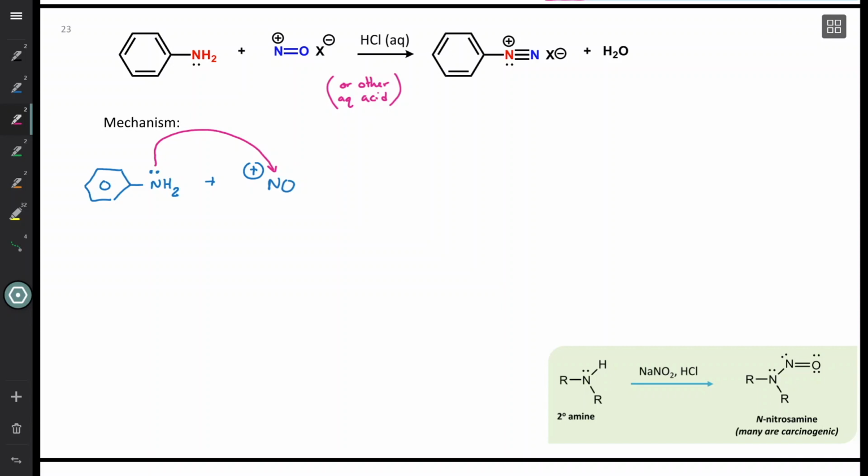It's the nitrogen, this one, that is electron poor, right? So this right here is my nucleophilic nitrogen. So one nitrogen attacks the other. You get, I'm just going to write phenyl here. So we still have the two hydrogens, and then we're bonded to the NO.